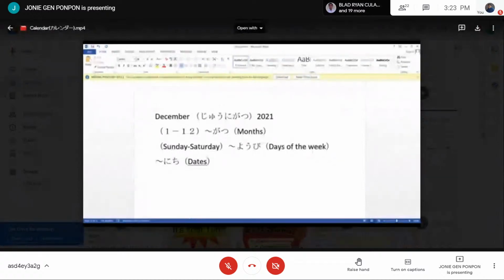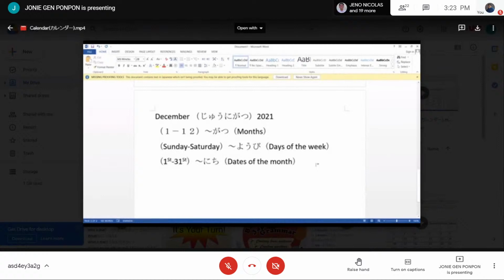So that is 1 to 31, first to 31st. Okay, so the suffix for those dates is Nichi.